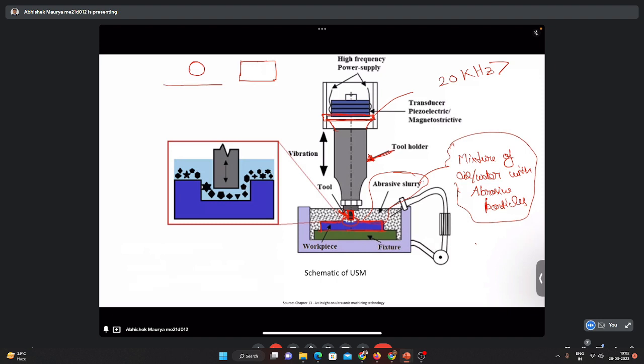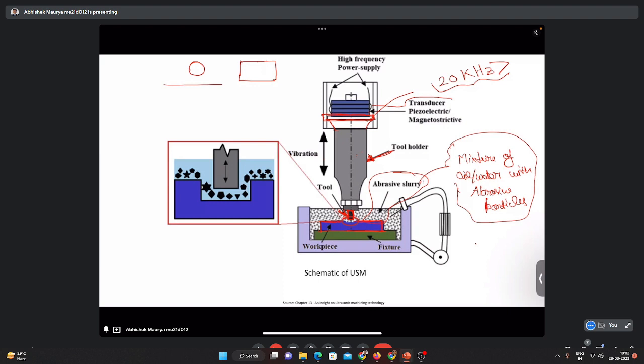The tool holder is connected to a transducer vibrating at very high frequency, and since the tool holder is attached to it, the holder also vibrates, and ultimately this vibration is transferred to the tool.